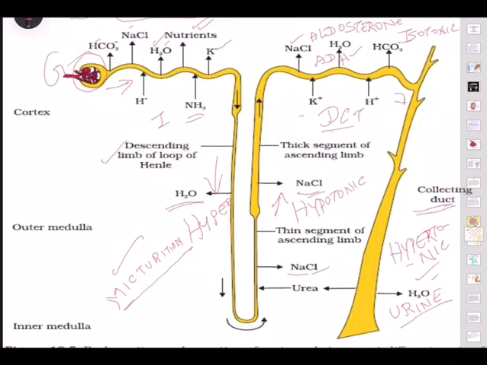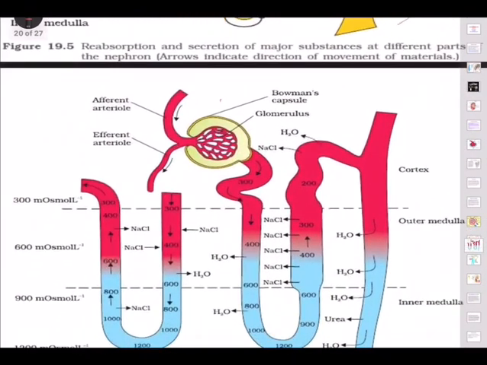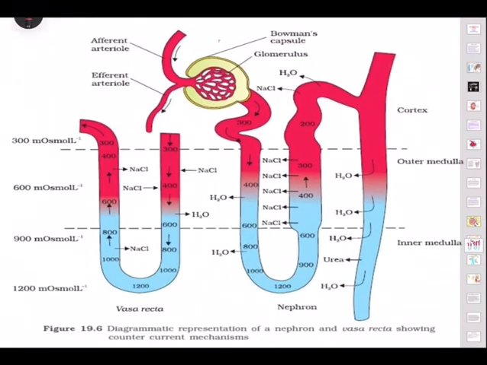And then the kidney specialist has to check whether there is any disturbance in aldosterone, in ADH, or in the different pressures, like I will show you here. It is osmolality. The pressures are to be maintained in this way, 300 to 400, then 600, you can see here.